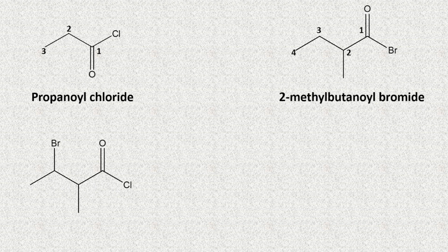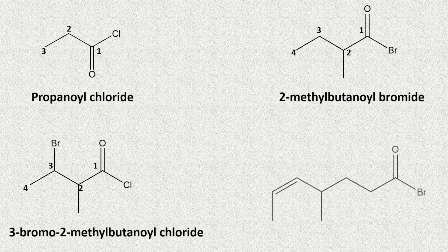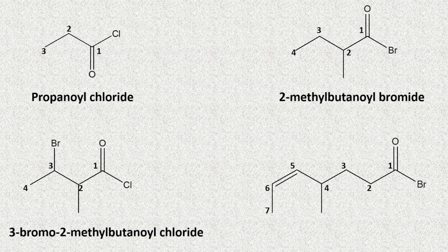Similarly, the third compound is 3-bromo 2-methyl butanoyl chloride. In the fourth compound, besides the methyl substituent at position number 5, there is a double bond at position number 5, so its IUPAC name is 5-methyl hept-5-enoyl bromide.